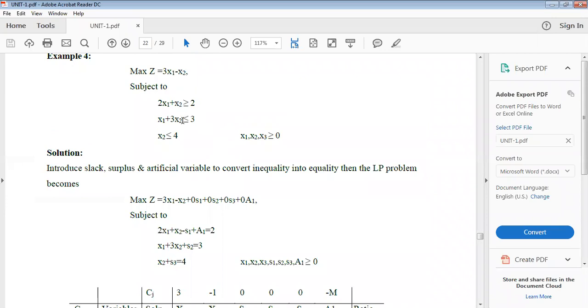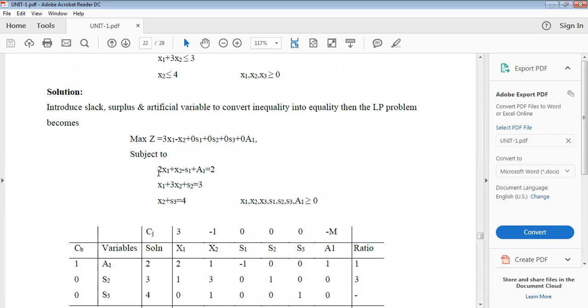So this is S1, S2, S3, but since greater than is there, for this you have to add an artificial variable. Because this is less than, you are going to add plus S1, or plus S3. Because this is the first equation, we add S1, S2, S3 like this. Therefore 0S1, 0S2, 0S3 plus A1.